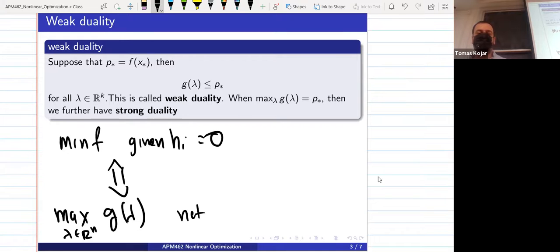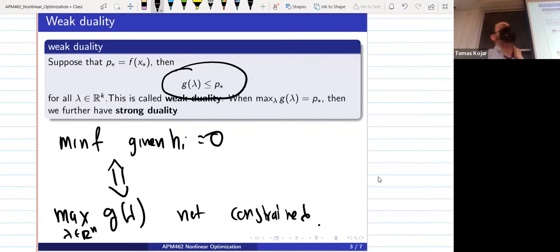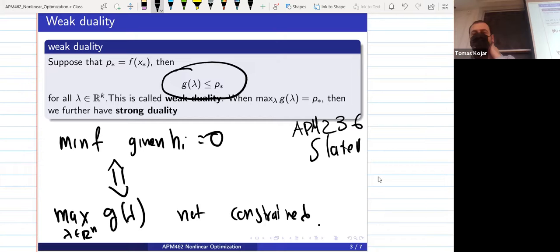This is not constrained. Anyway, what people mostly use is weak duality, because strong duality is very difficult to get. If you took 236, this is the same as Slater's condition. So this is 236 APM. I'm doing the same stuff, but for nonlinear things.